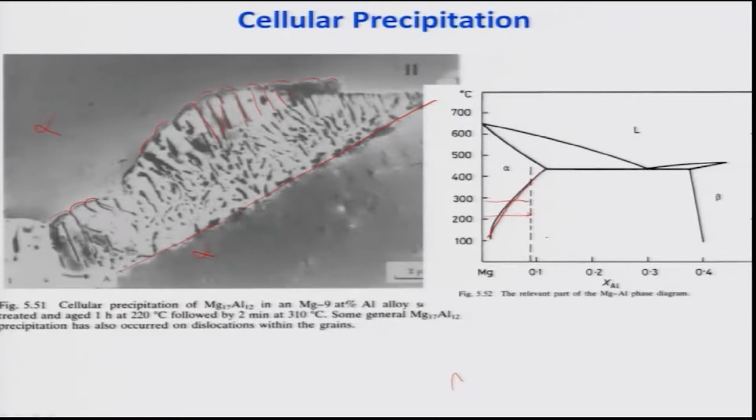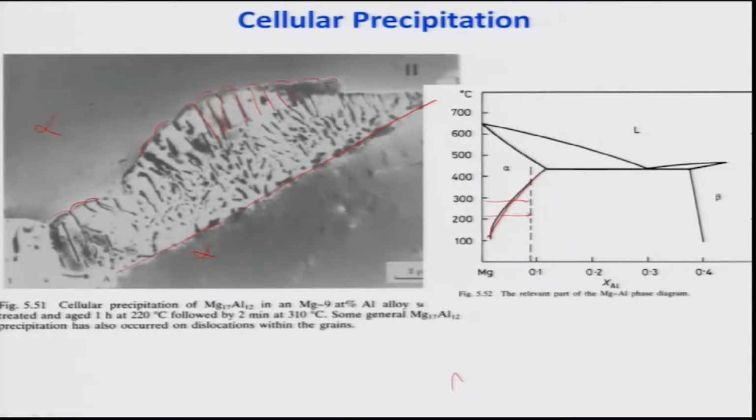But what will happen if I heat it differently? If after quenching we age at 220 degrees Celsius, which is a little high temperature, and then at 310 degrees Celsius for 2 minutes, this will lead to such lamellar precipitates.